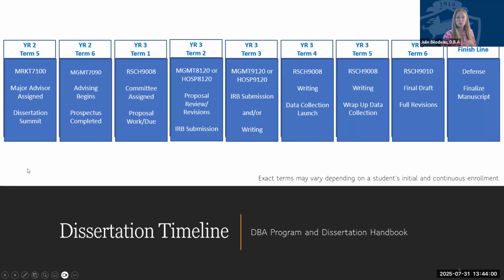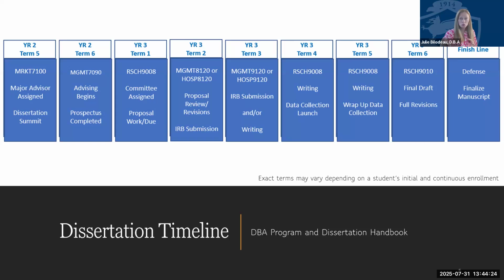So the prospectus, which is the first part of the dissertation work, is going to be done as you're moving. You can see here, prospectus completed. So you're starting at term 5, term 6, and that's really the first time where you will commit to paper your official problem statement.